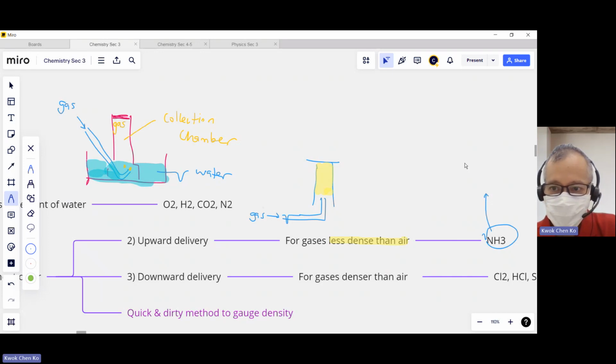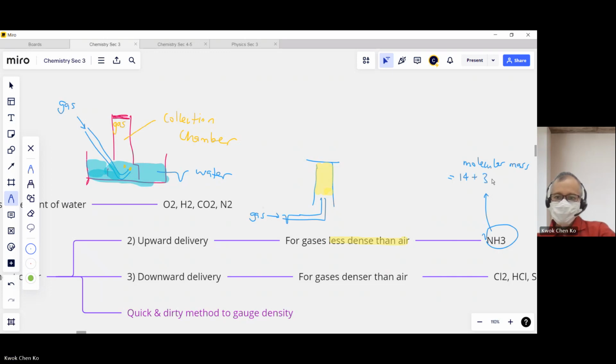If I try to calculate the molecular mass of ammonia, basically, you sum up the atomic masses. Look at your periodic table. Nitrogen is 14. I have 3 hydrogen atoms, and if you check the periodic table again, the atomic mass of hydrogen is 1. So altogether, you get 17. So this is the molecular mass of ammonia.